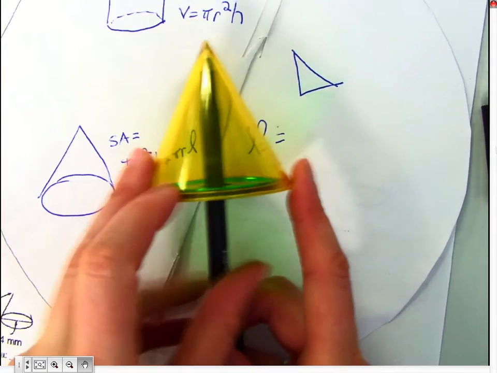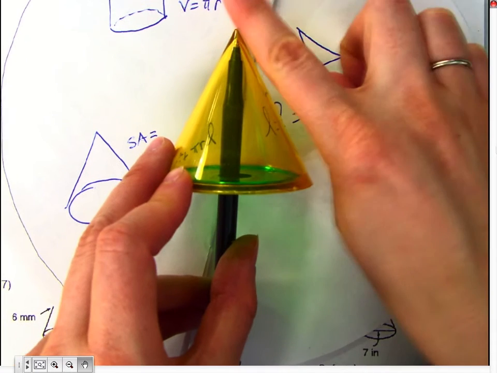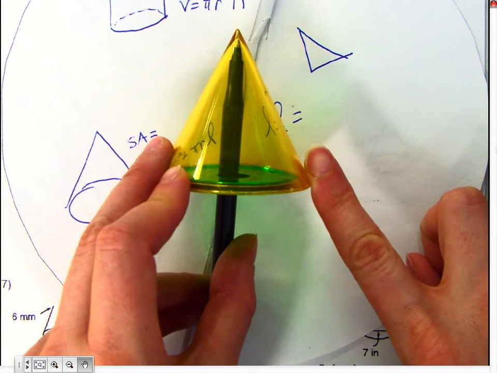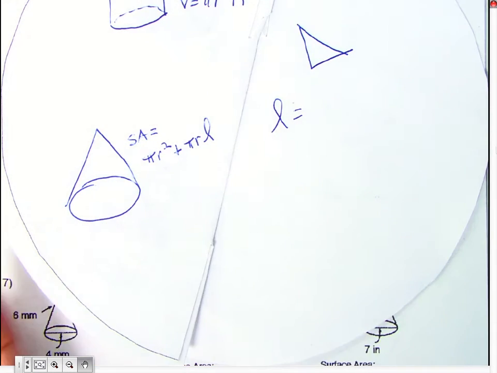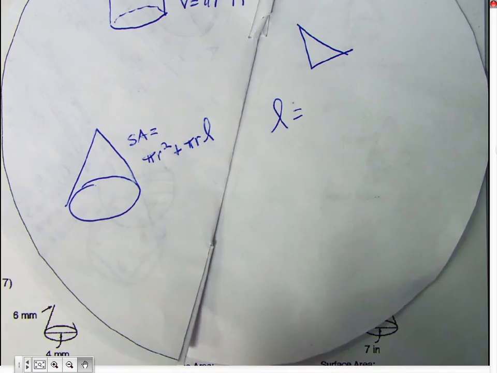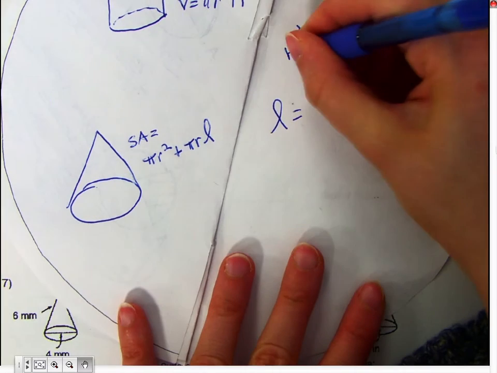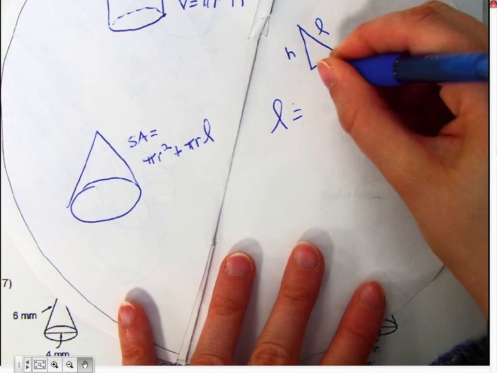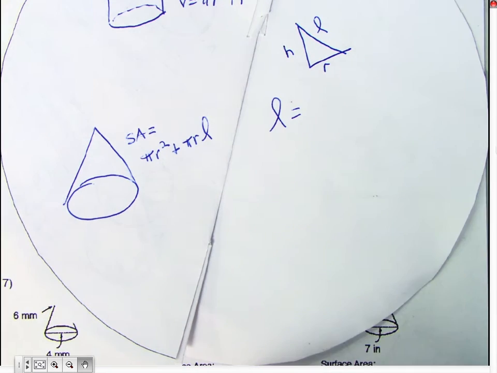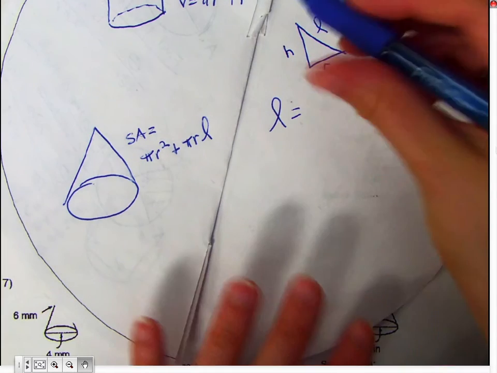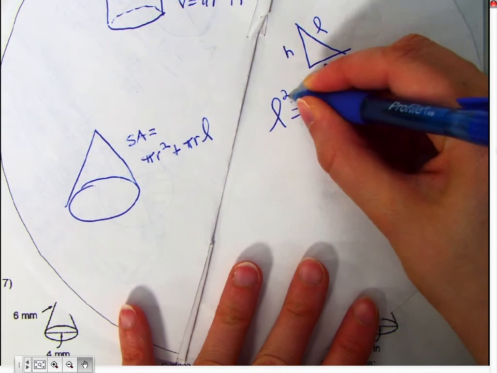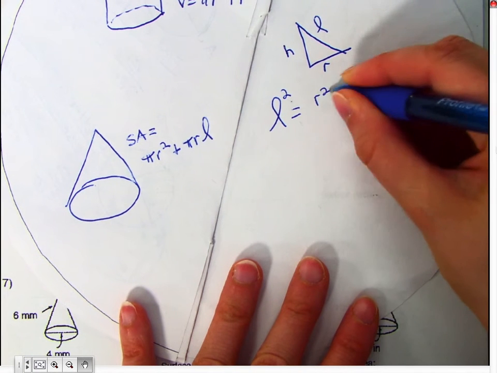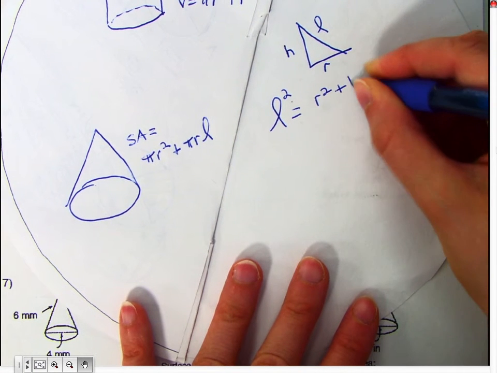The pen to the green part on the bottom to the yellow part on the side, we make a right triangle. So if we're looking at that right triangle, this is the height, this is the slant height, and this is the radius. So we go slant height squared equals r squared plus height squared.